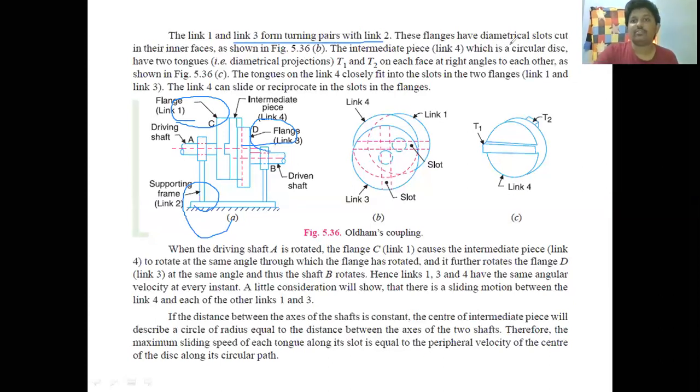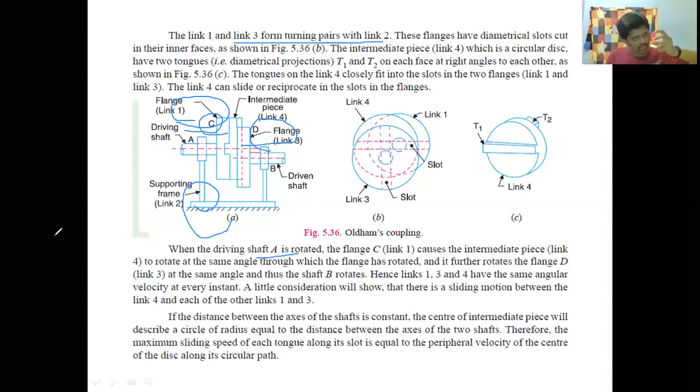Now, these flanges have diametrical slots cut in their inner surfaces. What exactly happens here is that when the driving shaft A rotates, the flange C, that means link 1 here, causes the intermediate piece to rotate. This shaft is rotating, and here you have a flange coupling. In the coupling you have a material which can rotate.